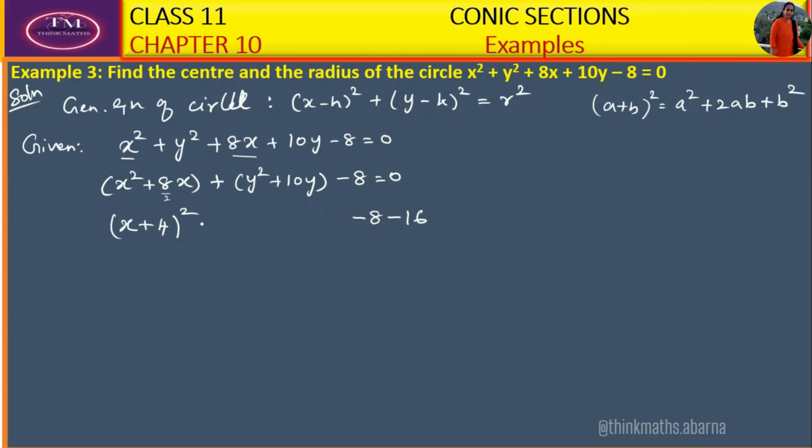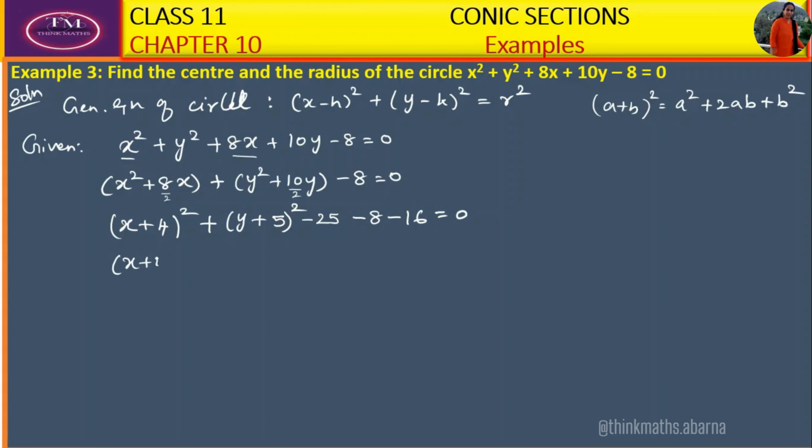Now in the same way, next to y, it is y square plus 10y. Just divide by 2, 10 by 2, it is 5. So we have to write y plus 5 the whole square. In this, we will have y square plus 10y plus 25. So we have to remove that 25. Now what will happen?